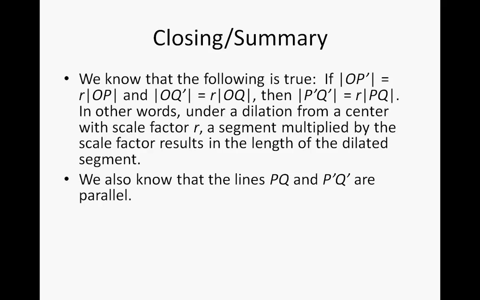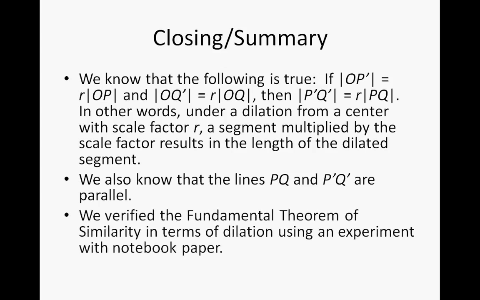So even though that wasn't part of our original drawing, the consequence is we have parallel lines, and those are also verified by the Fundamental Theorem of Similarity in terms of dilation using an experiment with notebook paper.